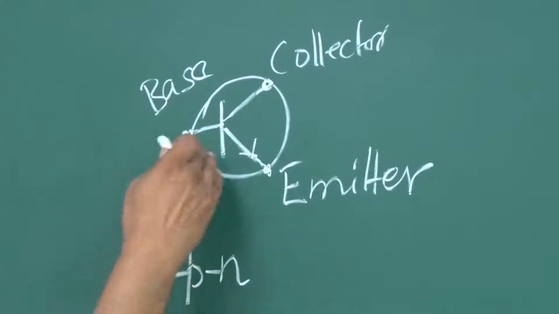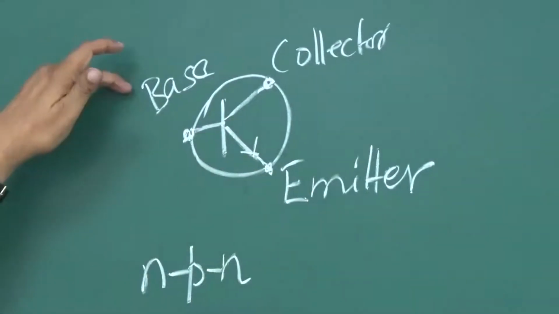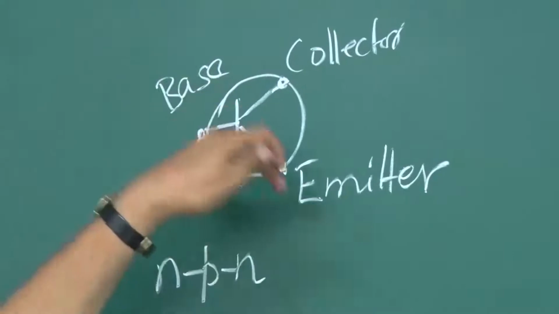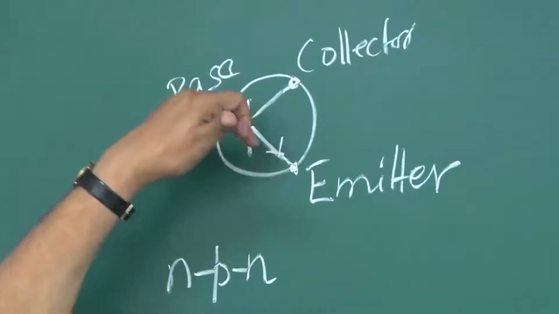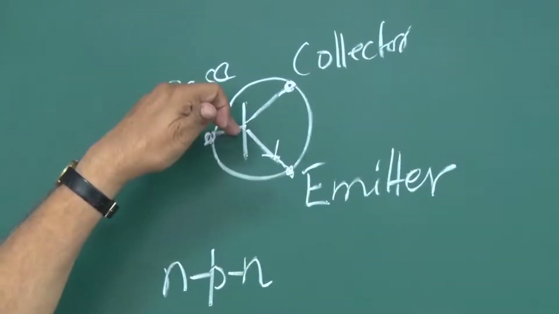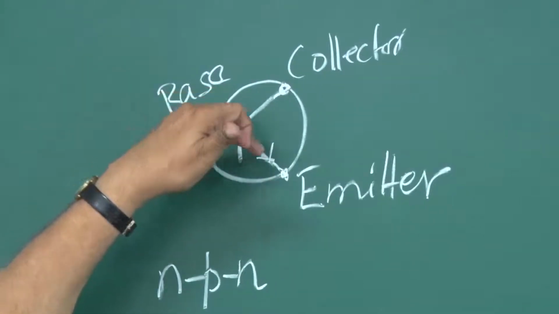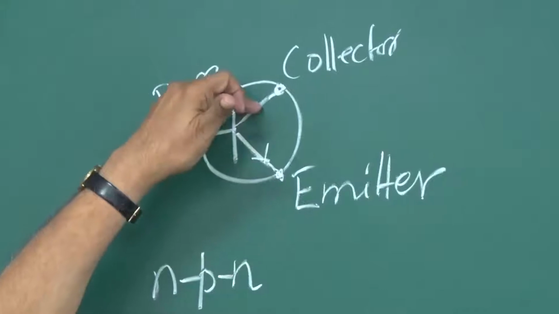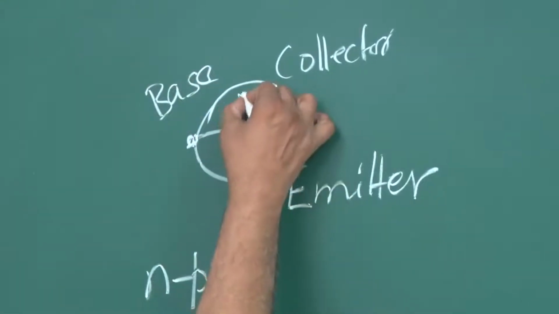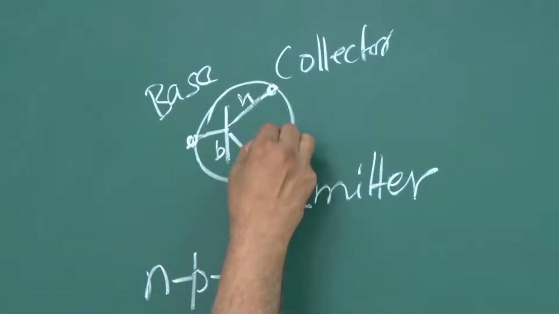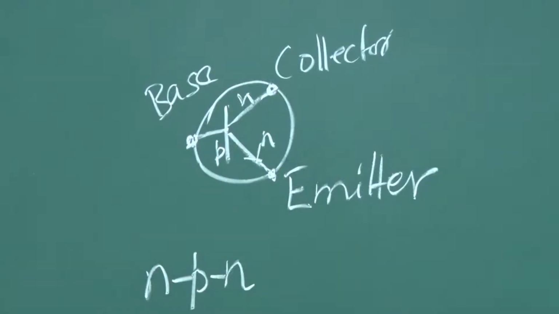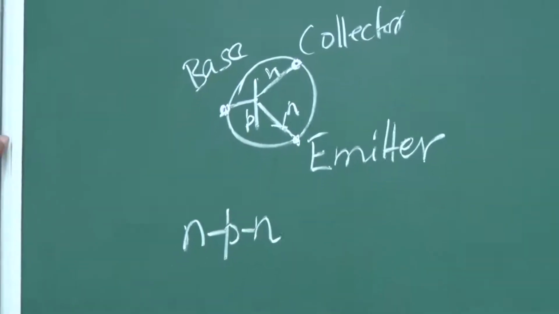The arrow gives you the direction in which current flows if the base emitter junction is forward biased. So, that should be P to N. If the arrow is in this direction, that means this is P and this is N, and therefore this is also N. So, it is NPN. And for PNP, it is a reverse, you know that.